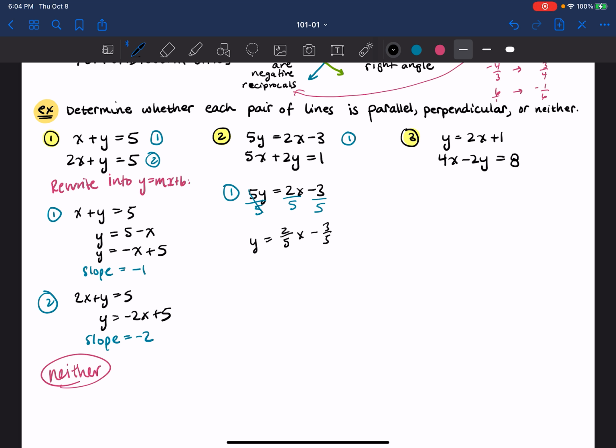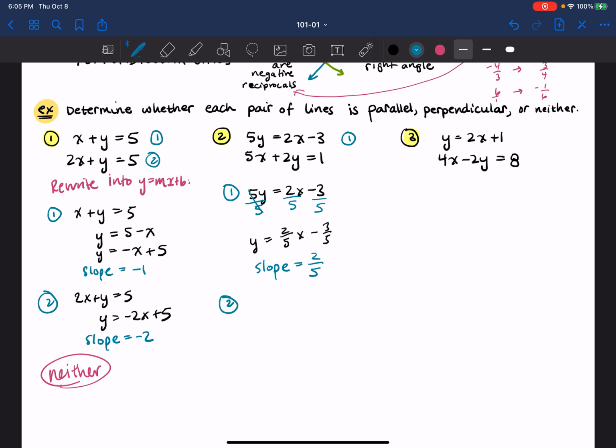So we get y equals 2/5 times x minus 3/5. We want to figure out what the slope is, right? So the slope, the m, the thing in front of the x, is 2/5.